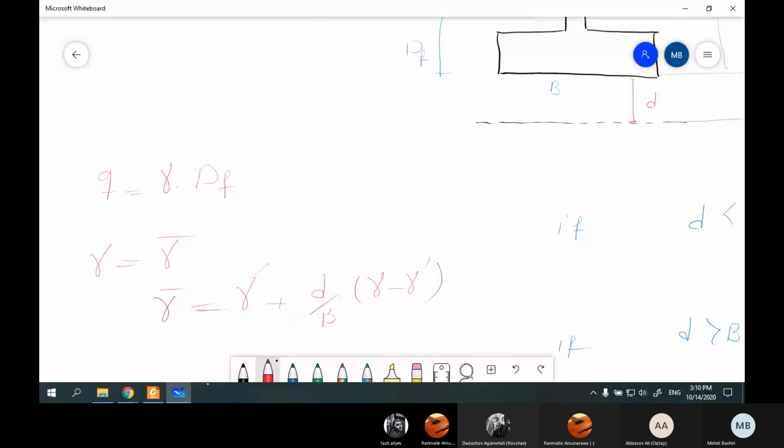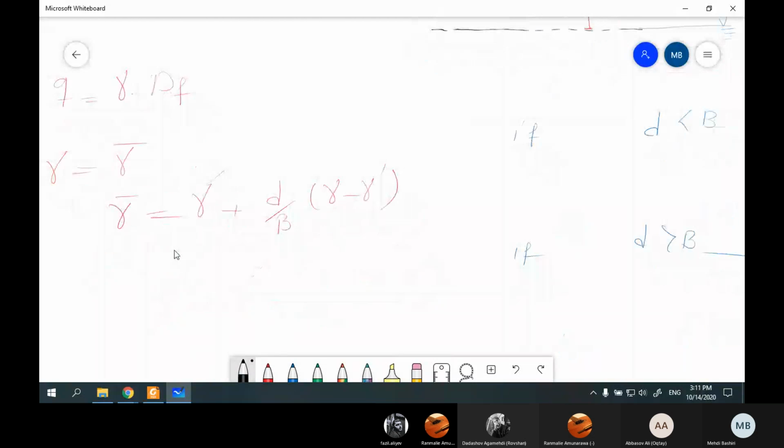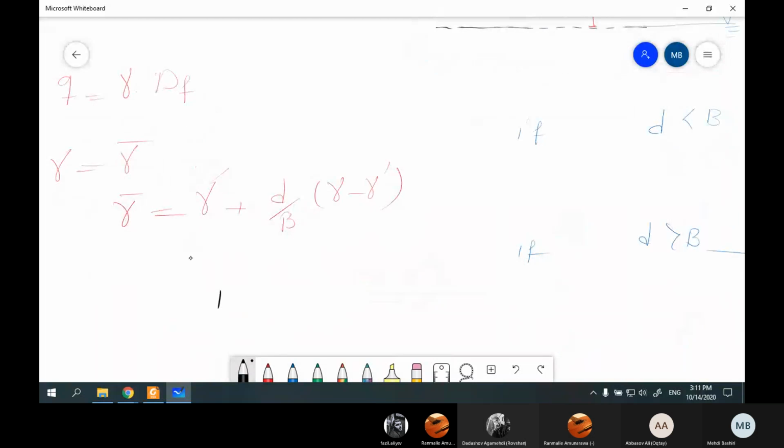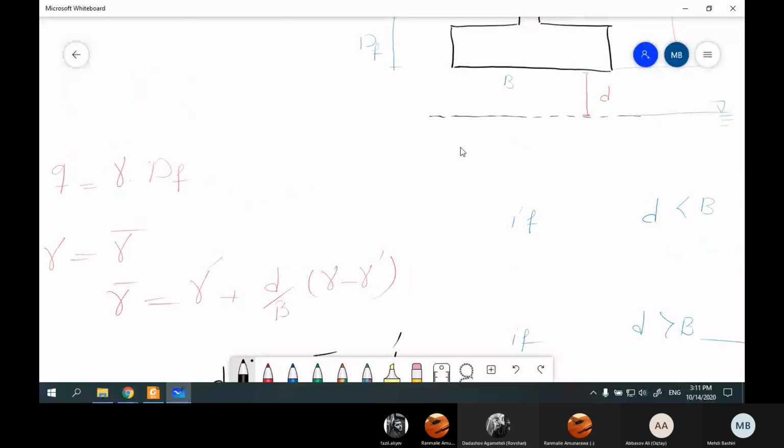Okay, I'm going to explain this equation. In the first case, d is 0. What would happen? Gamma bar is equal to gamma prime, submerged. It's like the foundation is filled with water.